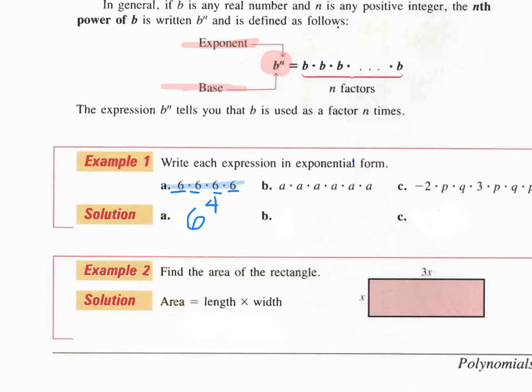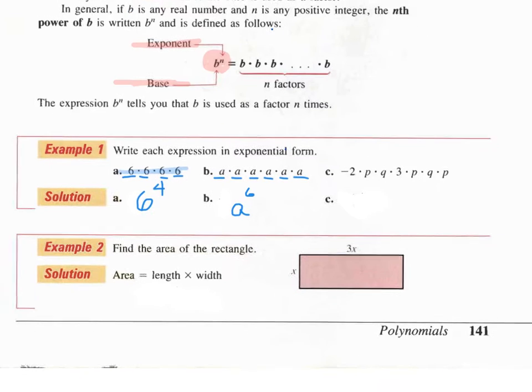Then for the next one, even when it's a letter, we can still write variables with exponents. So I'm going to count how many letter A's I have. And I have 1, 2, 3, 4, 5, 6 letter A's. So I would write this as A to the 6th power.